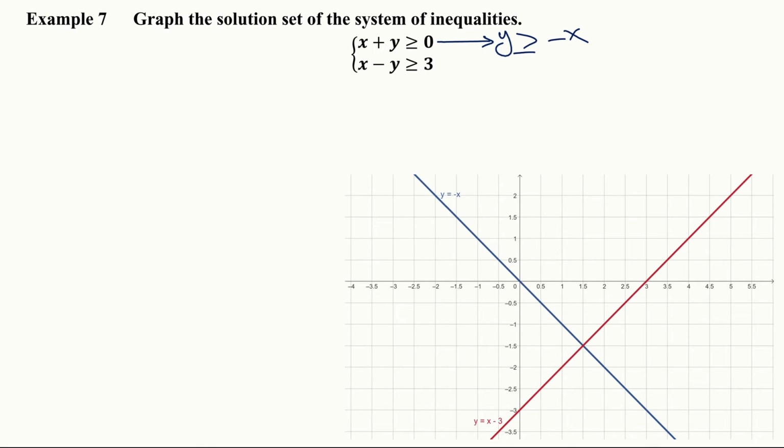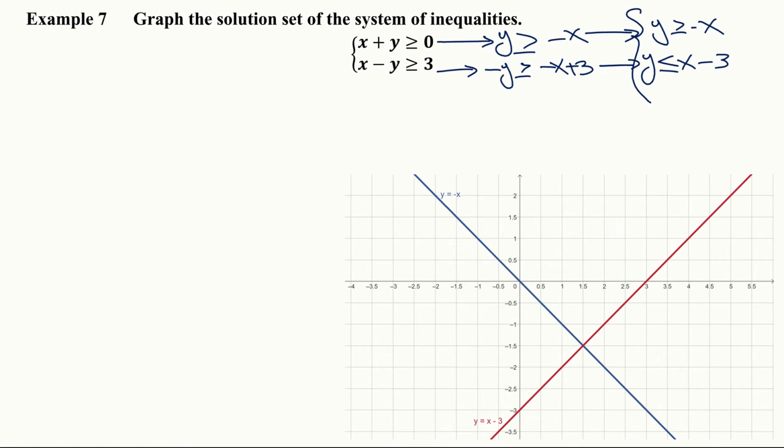For the second one, I get negative y is greater than or equal to negative x plus 3, which implies, now we're going to multiply both sides by negative 1, which means we immediately have to change the direction of the inequality. So we get y less than or equal to x minus 3. This one is already done. I'm just going to rewrite it so we have our system together.